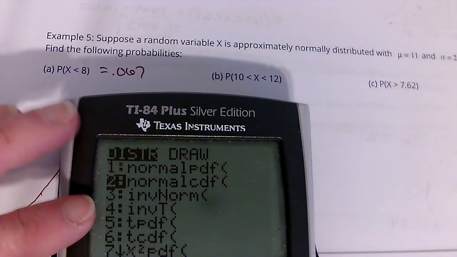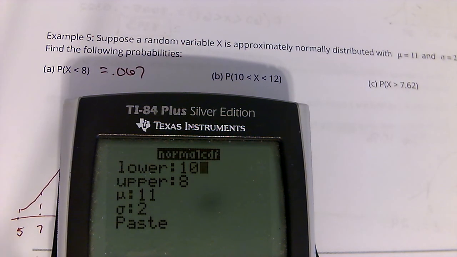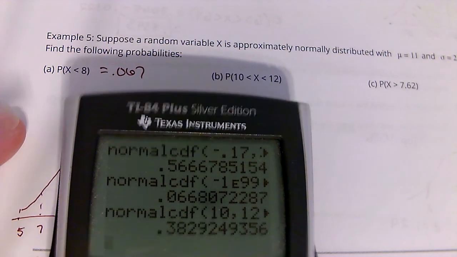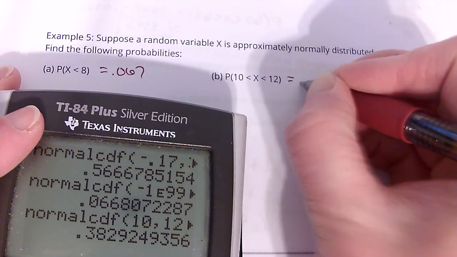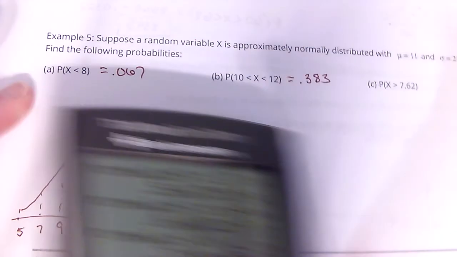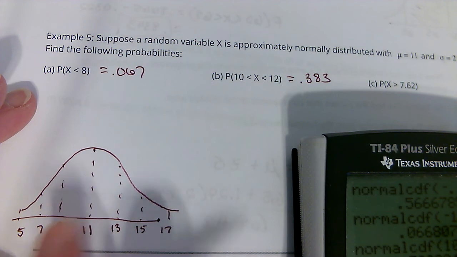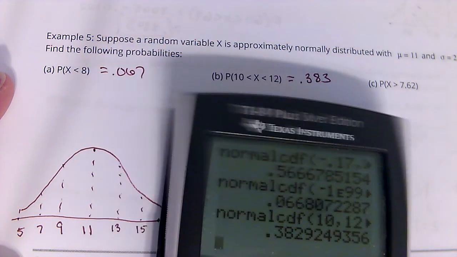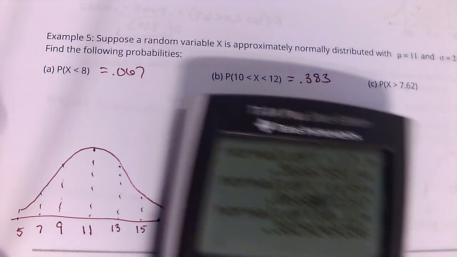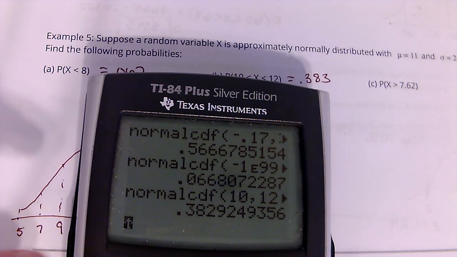Between 10 and 12 would be 0.383. And 10 and 12 would be a very small area right here. Greater than 7. That should be a pretty big area.